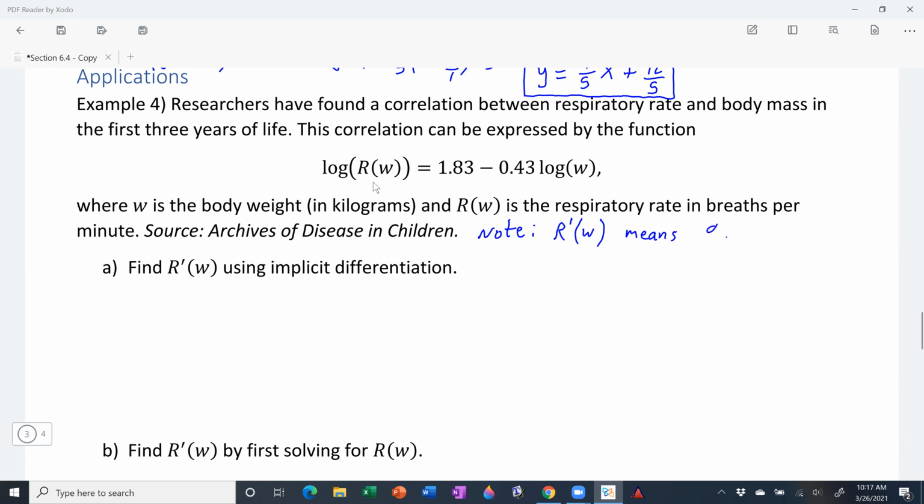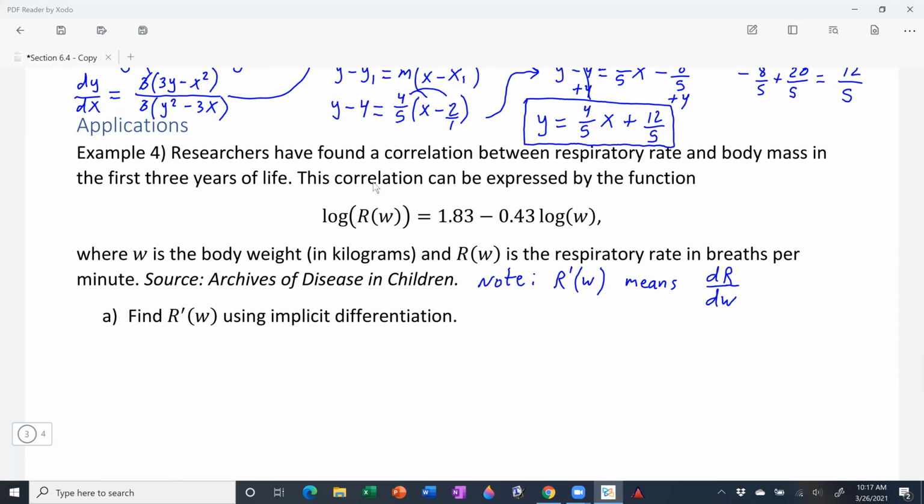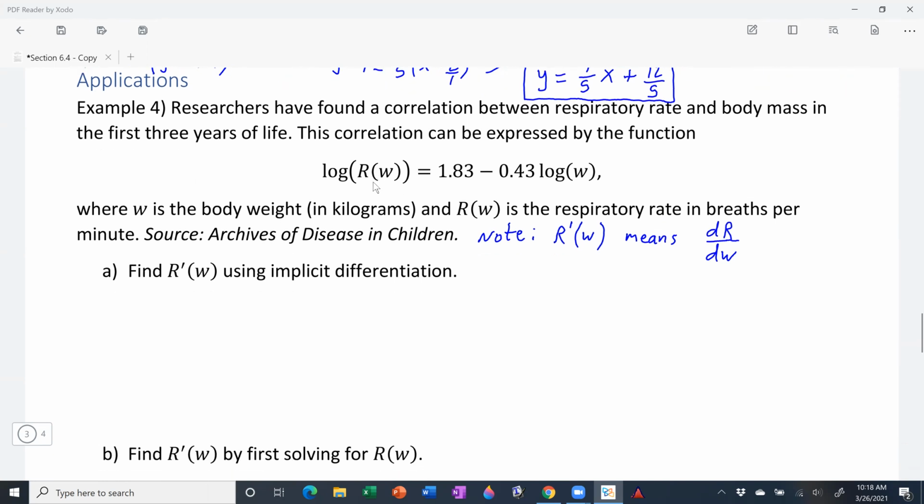So we're trying to find dR/dW. Okay, so we've been using that kind of notation all throughout this section, but since this one is presenting it to us in function notation, we're going to stay with that notation. But that same chain rule property is still going to apply, and instead of writing a dR/dW to pop out from the chain rule, I'm going to use that R prime of W notation. Okay, so just keep that in mind.